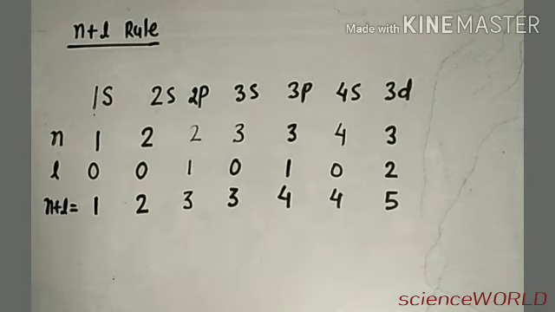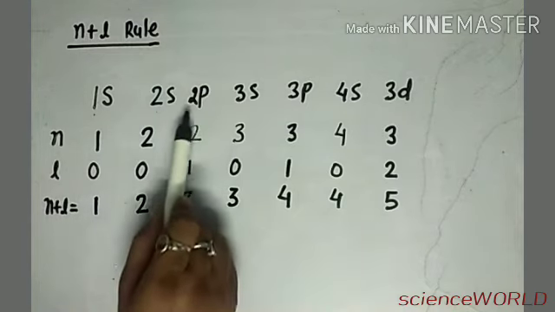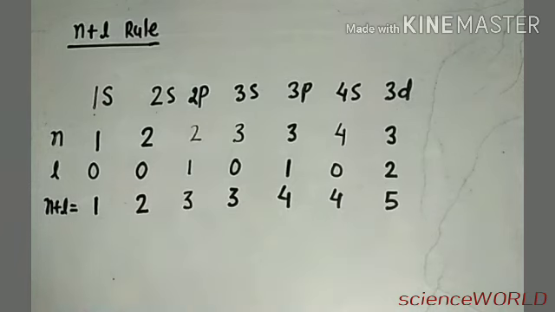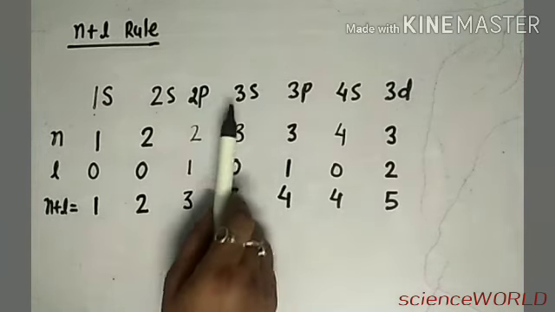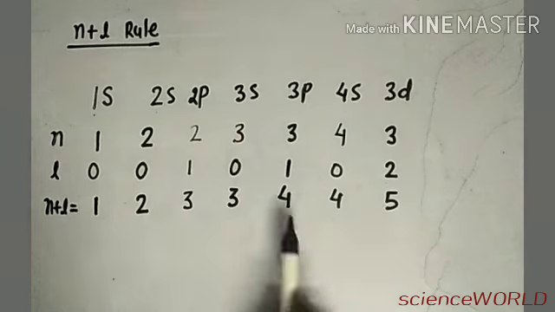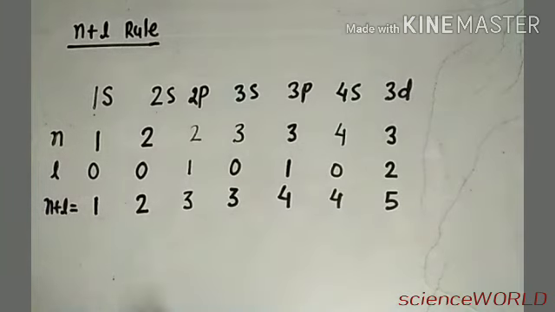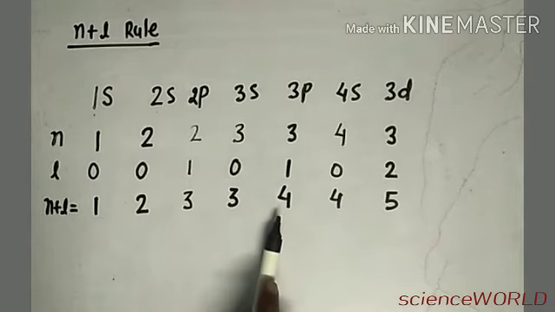As per the n plus L rule, if the value is the same, then the electron comes in that particular orbital which has the lesser value of n. So obviously in 2p, the electron comes first in comparison to 3s. Well, you see in case of 3p and 4s, in which orbital does the electron come?